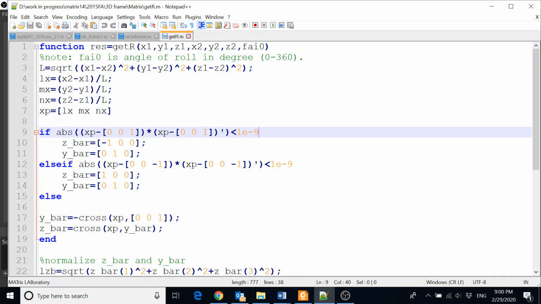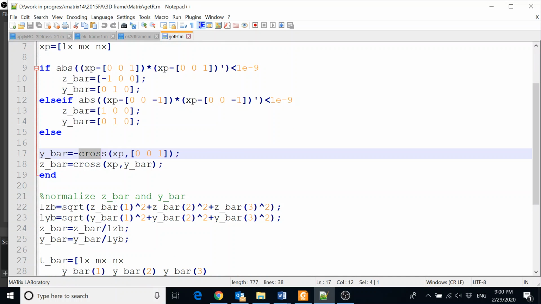If it is, then you know it's the same as the positive z. What you do is that you set your y bar as y, and you set your z bar as negative x. Then if it is in the negative side of z, which is also vertical, you set your y bar as y, your z bar as positive x. If it's not like that, then you just cross those two together. Oh yeah, here I have a trick.